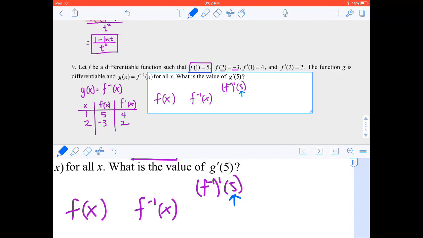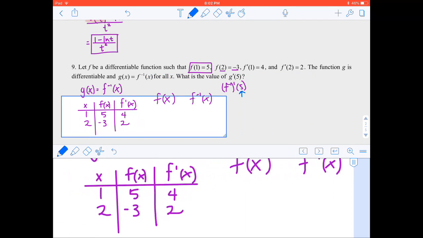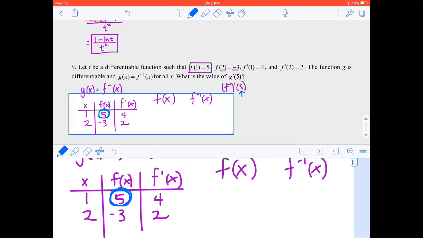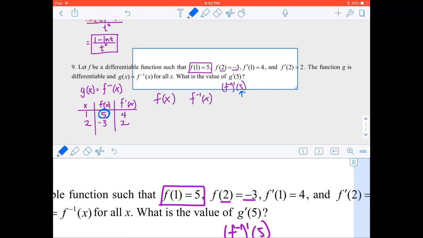Well, this x equal to 5 is really the x of our inverse function, which is really the y value in f of x, because they're inverses of each other. So if we have the point f of 1 equal to 5, we also have the point f inverse of 5 is equal to 1.